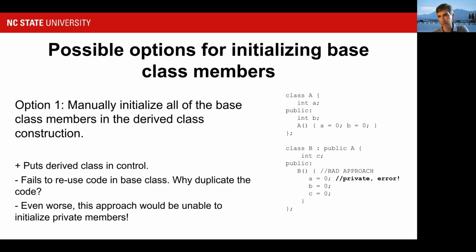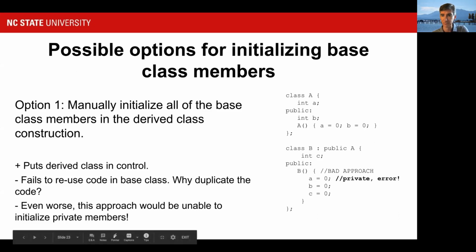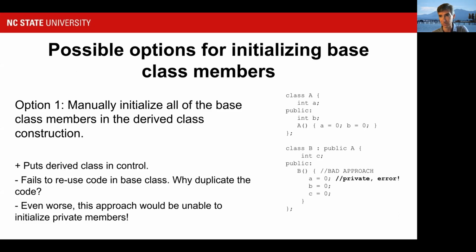I can't initialize member A that I'm inheriting from class A, and the reason is that it is private to class A. Yes, class A is a part of class B, but I'm still not allowed to access its private parts. So this is a syntax error. The most I would be able to initialize would be B and C, and that's just not good enough. So this approach doesn't work.